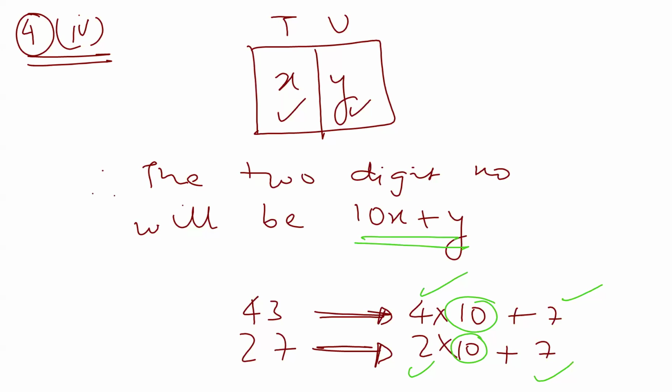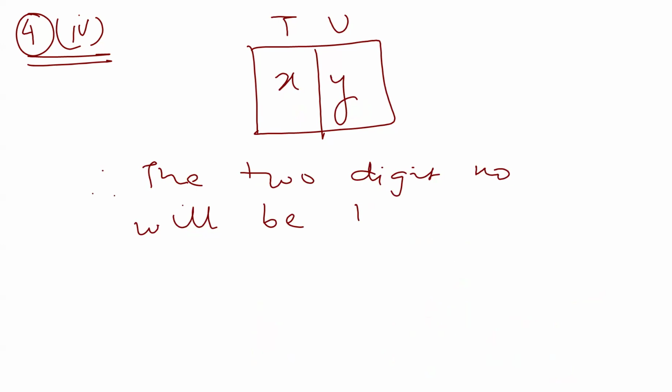Now, this was a very crucial thing in this problem. Have you understood this? Okay. Now, condition 1: a two-digit number is 4 times the sum of its digits.